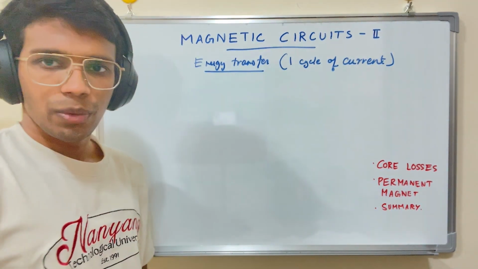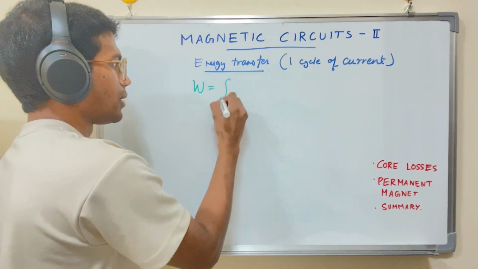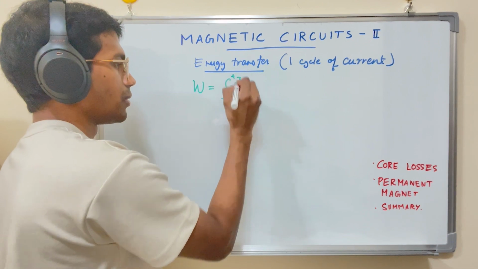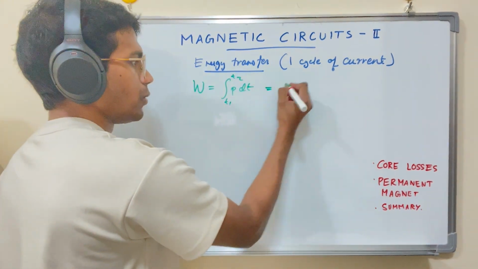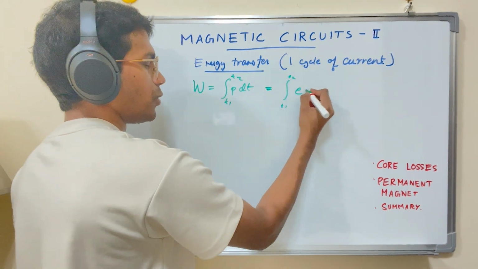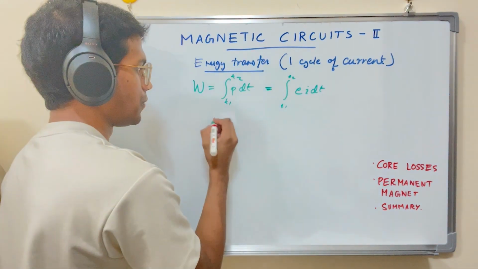Now, we know that energy or work is the integral of power with respect to time, going from T1 to T2. And we know that power is E times I, or voltage times current, right? In this case, I'm just going to write E for induced EMF.